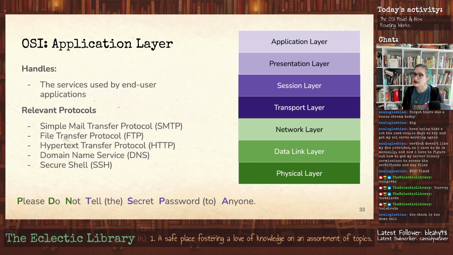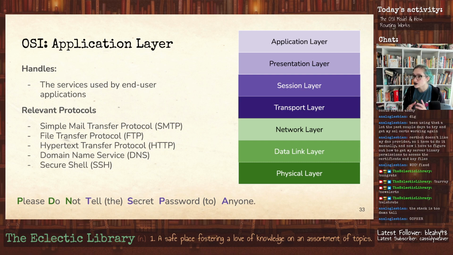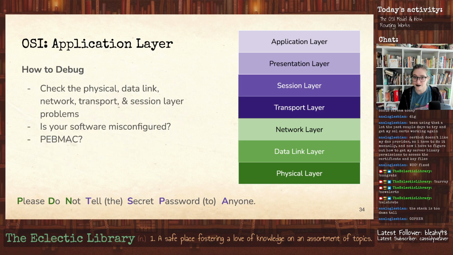Domain name service is the thing that lets you type in a URL that is human readable, rather than having to type in an IP address to go to a particular website. And SSH is also going to be at the application layer. So that's the thing that lets you open a secure shell on another computer over a network. And that's the application layer.